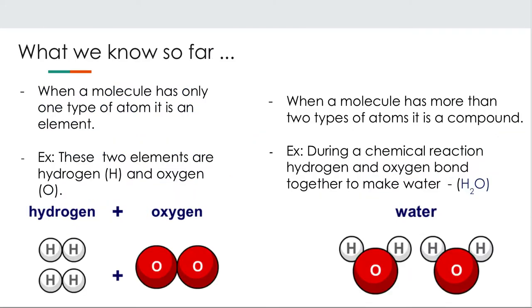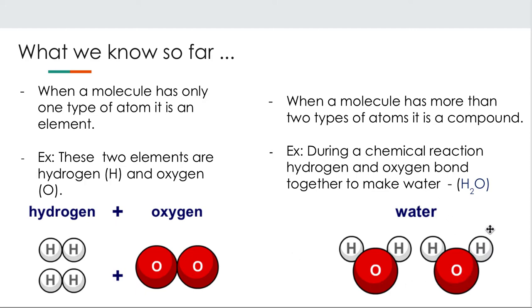All right, what we know so far. So, right here, when a molecule has only one type of atom, it is an element. Just like we have right here in the two examples, hydrogen by itself only has hydrogen atoms, so it's an element. Here we have oxygen. We only have oxygen atoms right here, and that is an element. Now, when a molecule has more than one type of atom, it is a compound, all right?